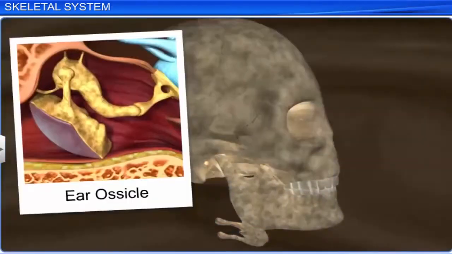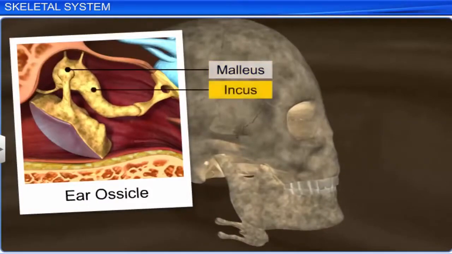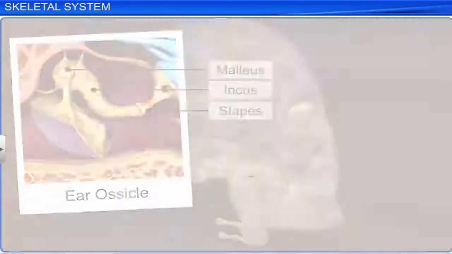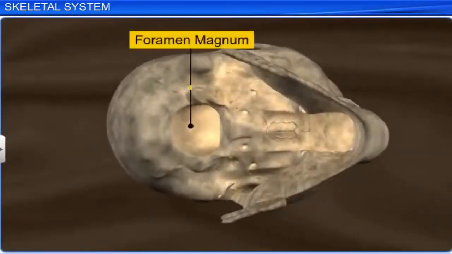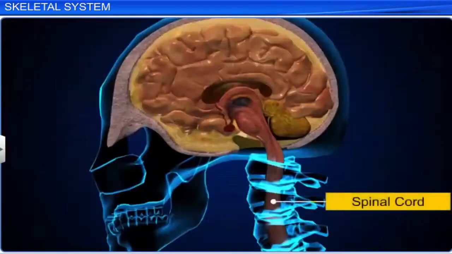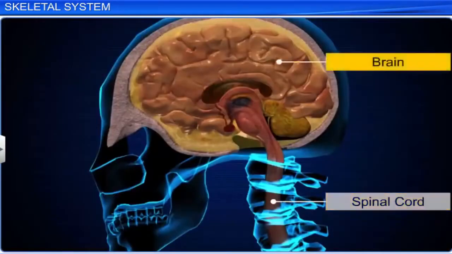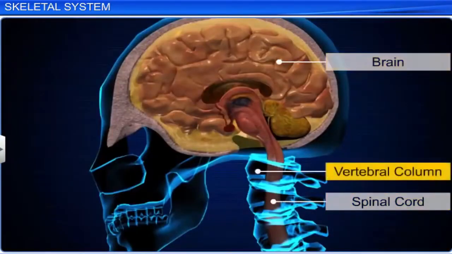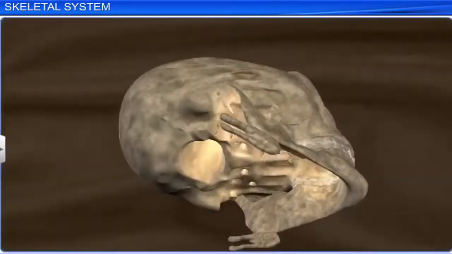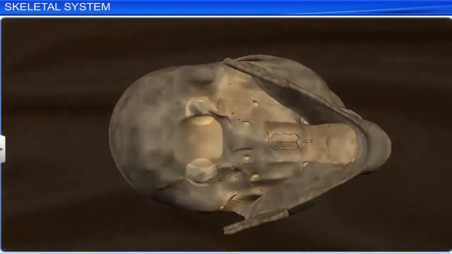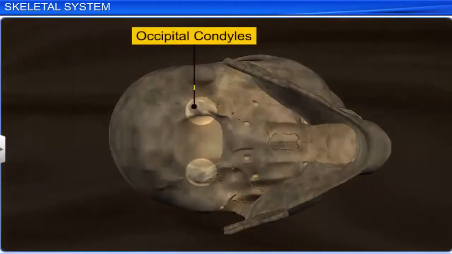Each ear ossicle consists of three tiny bones: malleus, incus, and stapes. The skull also has a large hole called the foramen magnum, through which the spinal cord, after emerging from the brain, continues into the vertebral column. The skull articulates with the vertebral column with the help of two occipital condyles.